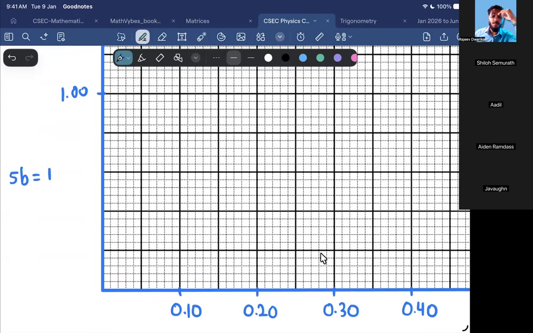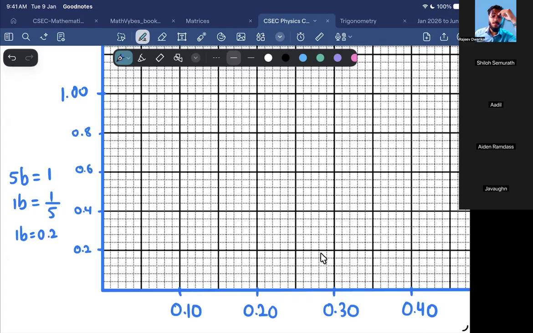Divide by 5. So 1 block would be 1 over 5, which is 0.2. So 1 big block is 0.2. So that'll be 0.2, then 0.4, so on and so forth, 0.6, 0.8.